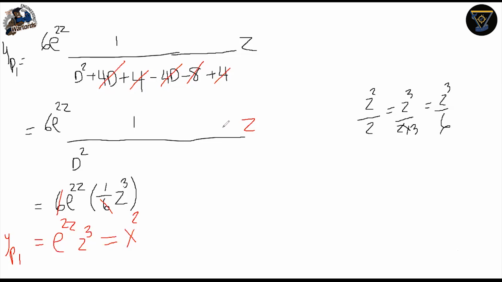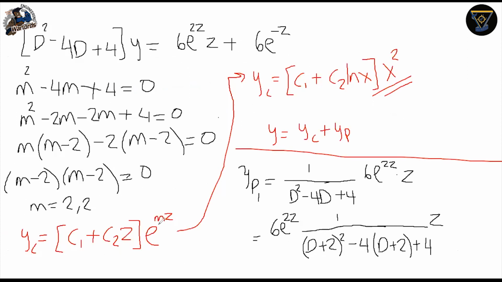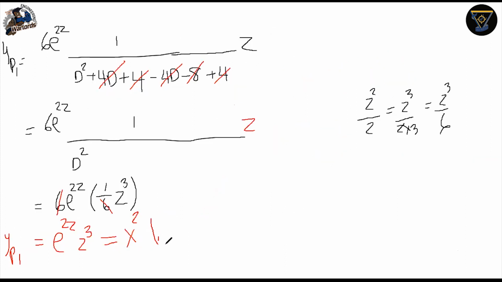Z is actually ln x, but it's cubed. So it's going to be ln x raised to the 3rd power.